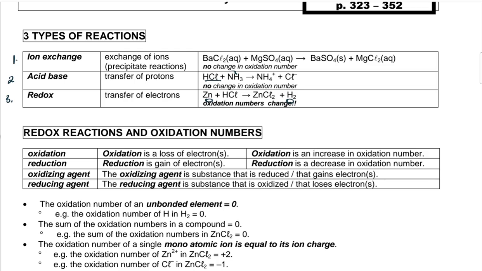So now an example: on that side I'm having Ba2+ Cl-, together with Mg2+ and SO4 2-. So now this is how you're going to exchange the ions.